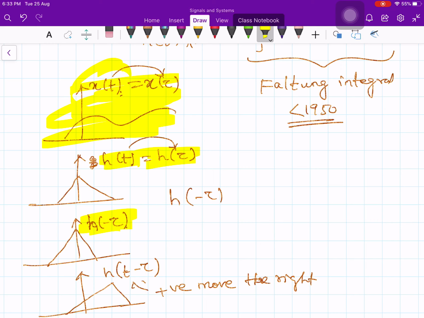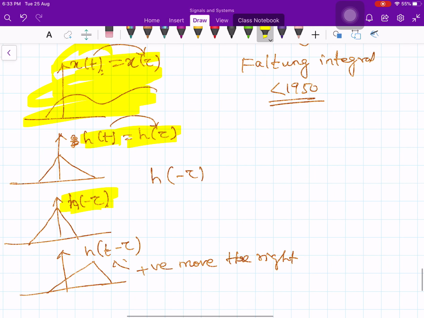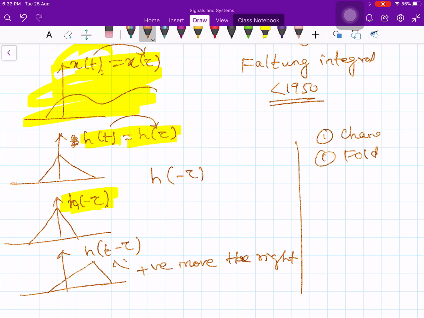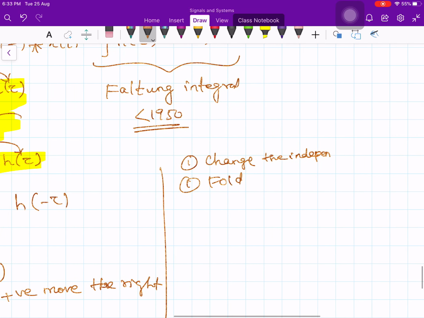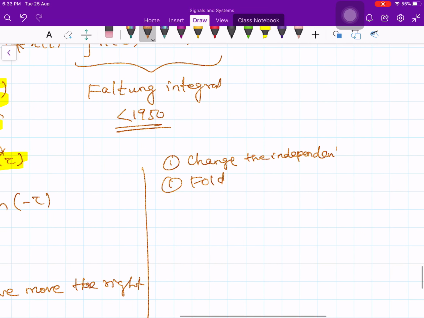So there are four keywords in this process. The first one is to change the independent variable from t to tau.